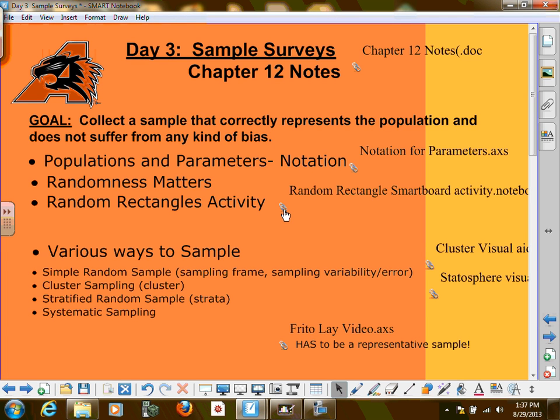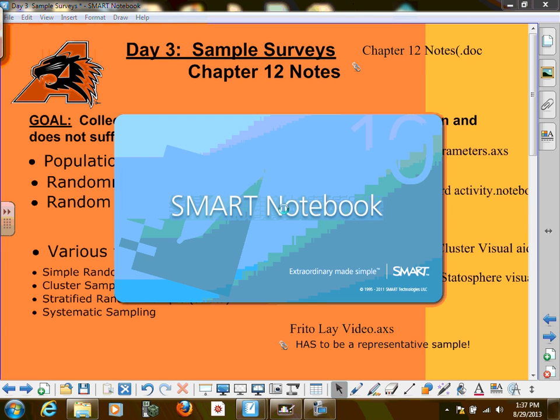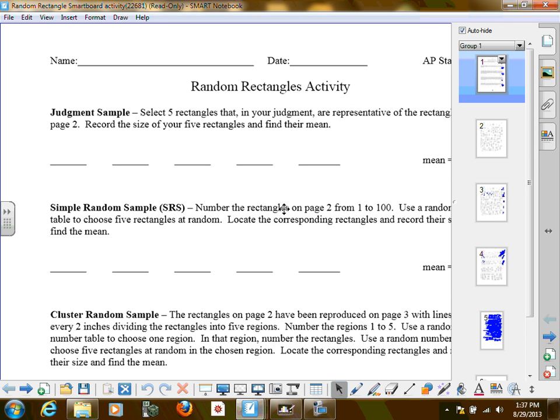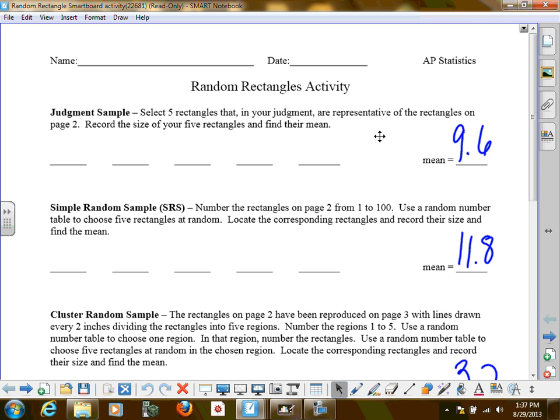I have some values up here from when I did the rectangles. I picked 5 rectangles that I thought best represented my data, and when I averaged them, I got 9.6. So I want to get some of your answers.